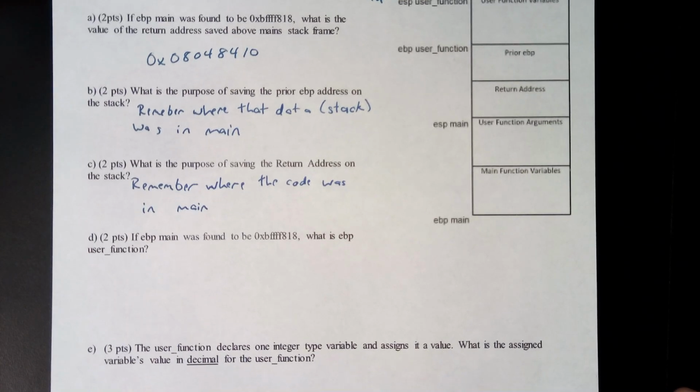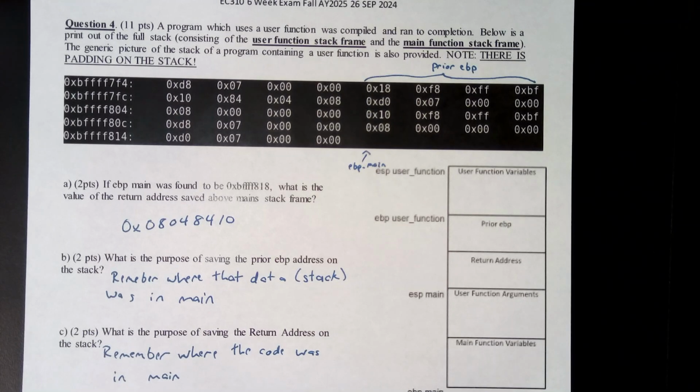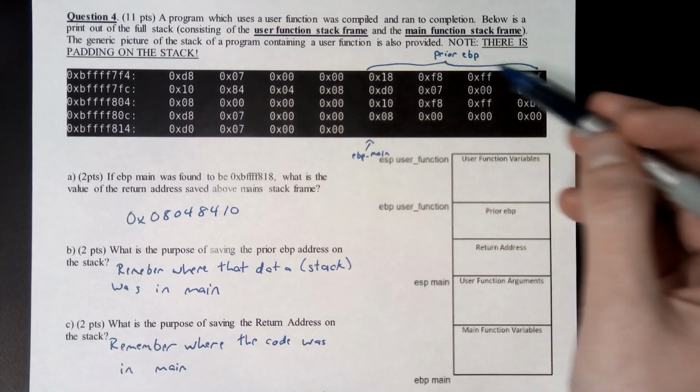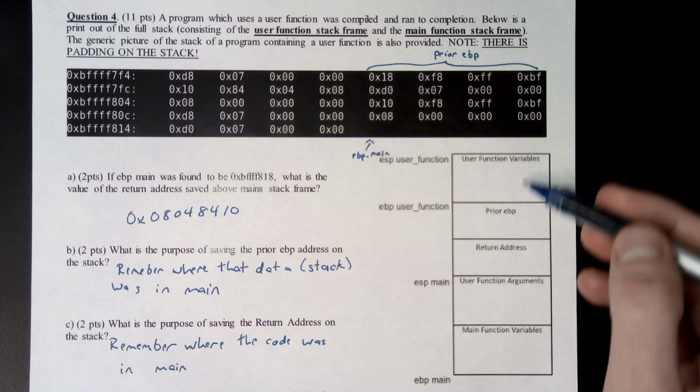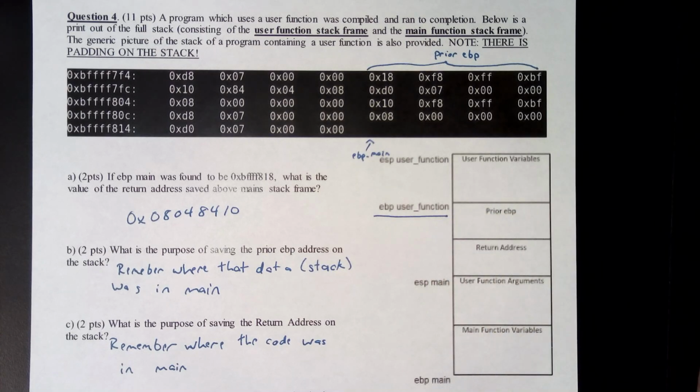On to part D, if EBP main was found to be BFFF F818, what is EBP user function? Again, we're going to use the same thing we used in part A. We see that prior EBP is here, and if we look at our diagram, EBP user function is pointing to the first byte of prior EBP.